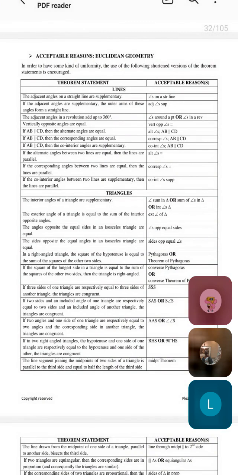We have three viable options: you can use angle sum in a triangle, or sum of angles in a triangle, or interior angles of a triangle.